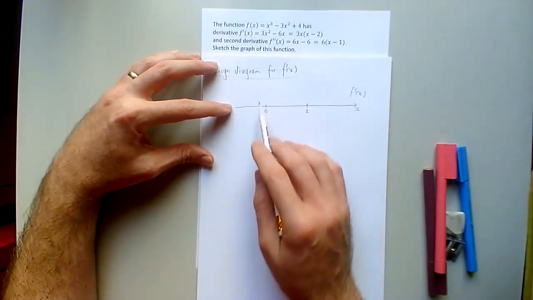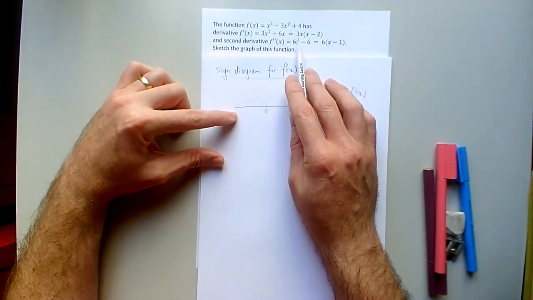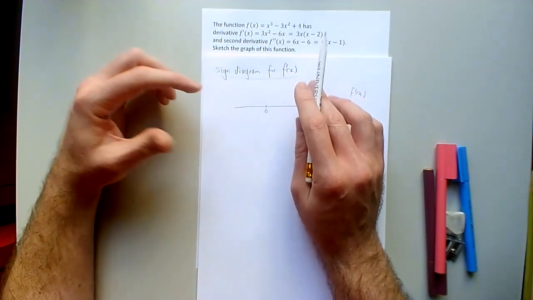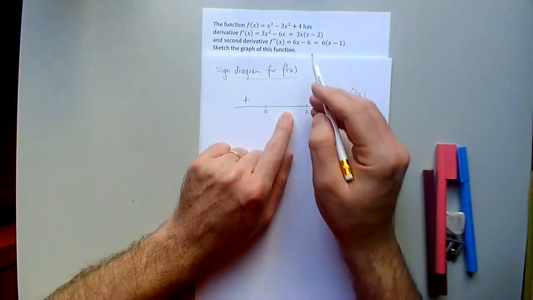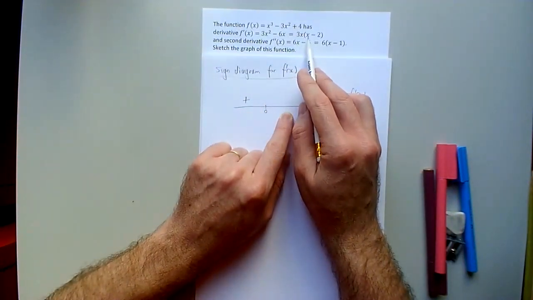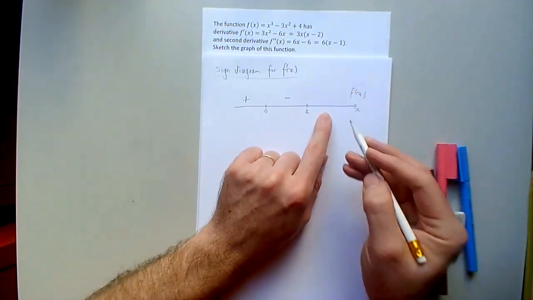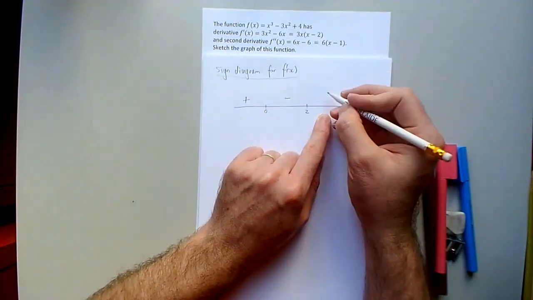When x is something over here, let me pick minus 1. 3 times minus 1 would be negative, and x minus 2 would be minus 3, so it's still negative. Negative times negative is positive, so that'll be plus. If I put something in here like 1, 3 times 1 is 3, 1 minus 2 is minus 1, 3 times minus 1, that'll be negative. And then a nice big number, maybe like 100, it'll be 100 and then nearly 100, so that'll be plus.